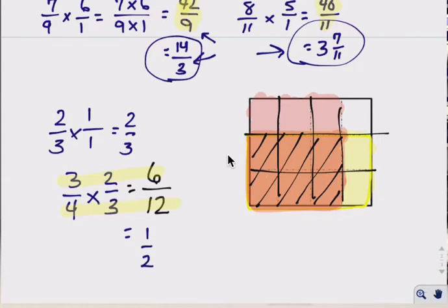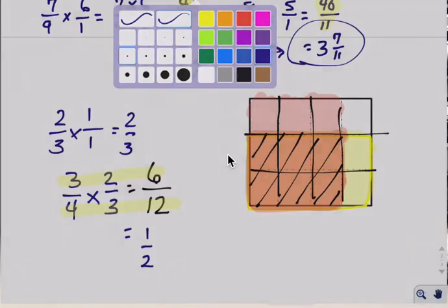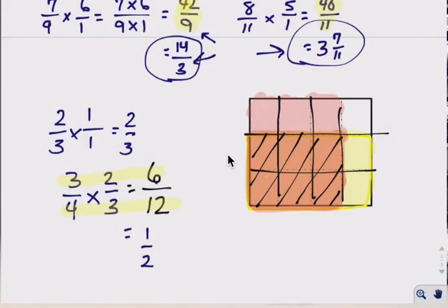So again, that just repeats what I mentioned earlier, that when we're multiplying fractions, it's numerator times numerator over denominator times denominator. Numerator of the first fraction times the numerator of the second fraction over denominator of the first fraction times the denominator of the second fraction.